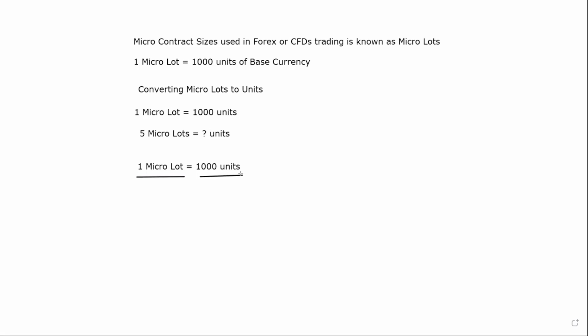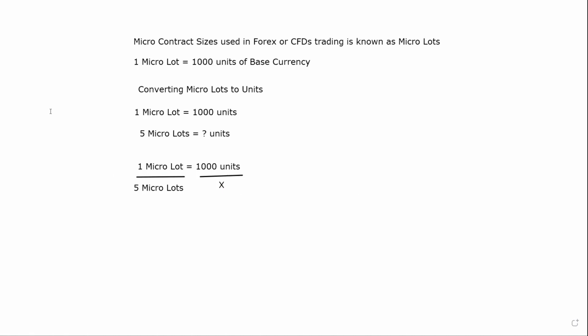So we know the value of 5 micro lots, so we're going to put it here, and we're going to determine the number of units. We do not know the quantity of units that are equivalent to 5 micro lots. So we're going to place the variable x here.